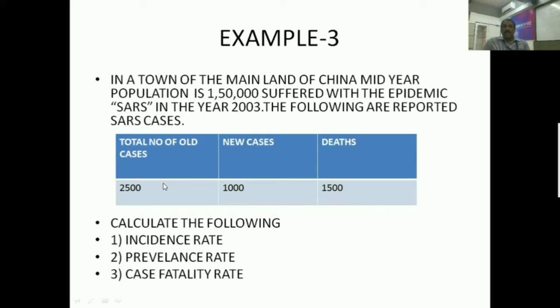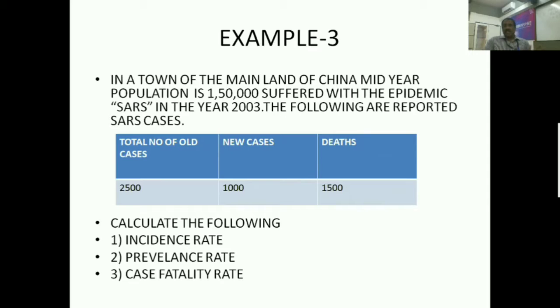The total number of old cases is 2,500, new cases are 1,000, and the total number of deaths is 1,500. Here the question is to calculate: first one, incidence rate; second one, prevalence rate; and the third one, case fatality rate.